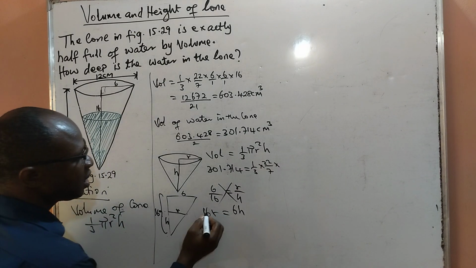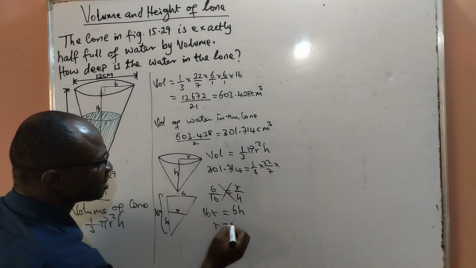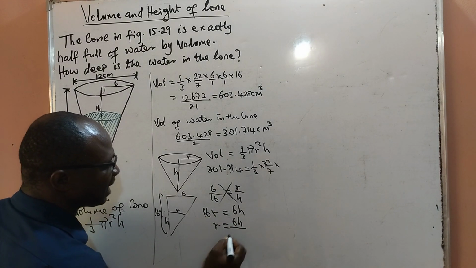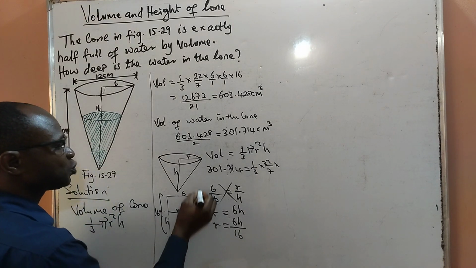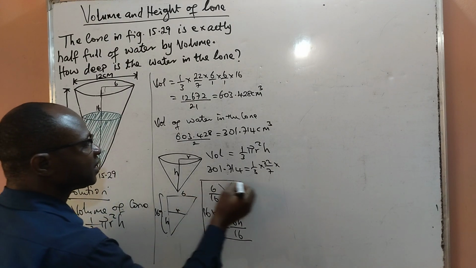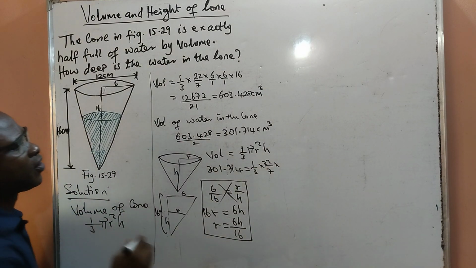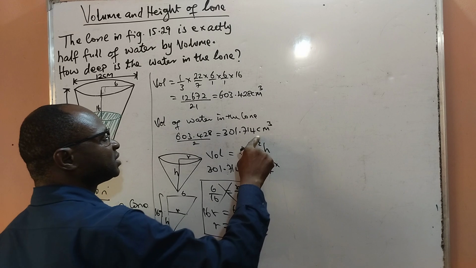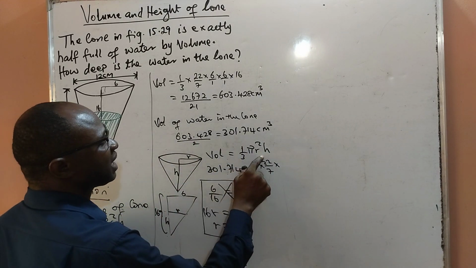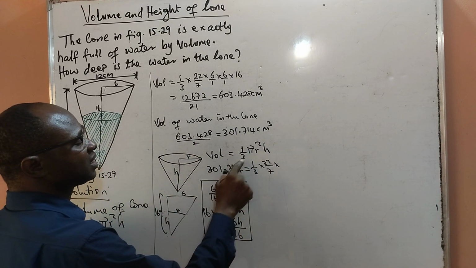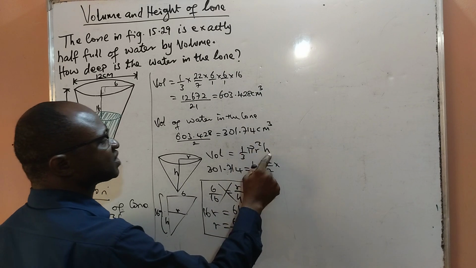Now, next, r can be written as 6h all over 16. From this point, I have gotten the value of the radius, which is what I'm supposed to put here. Therefore, remember, the volume of the water is equal to 1 over 3 times pi times r squared times h.